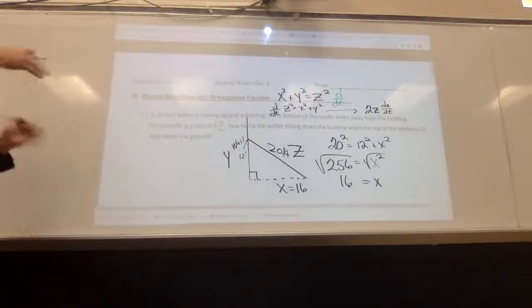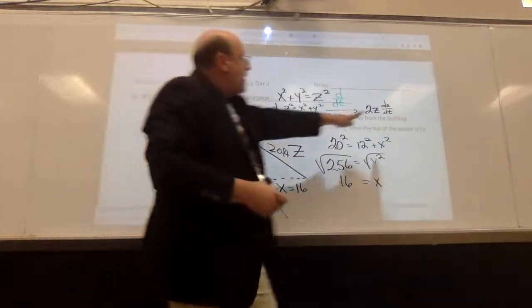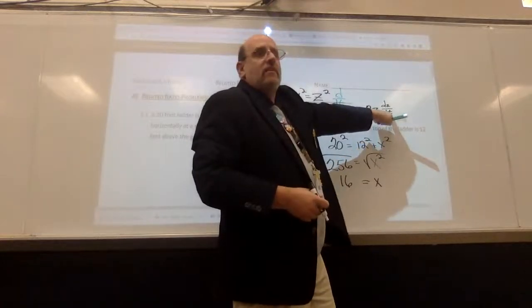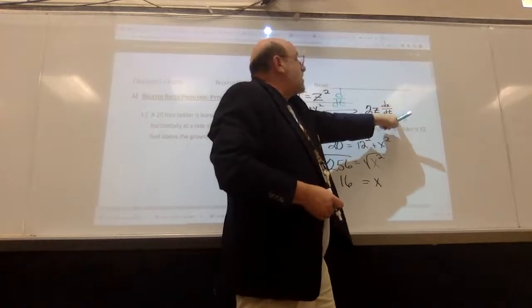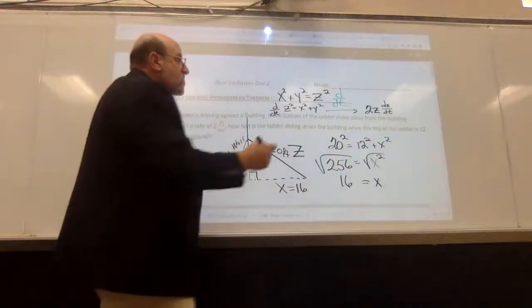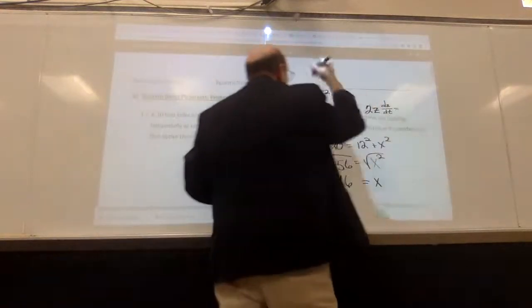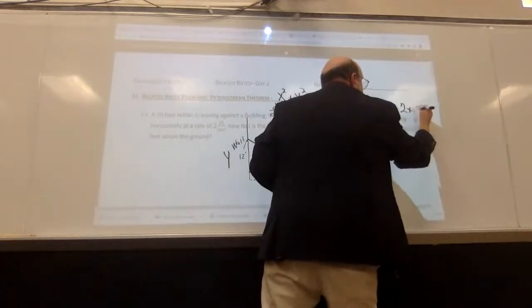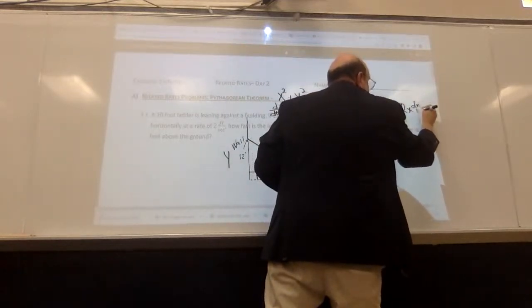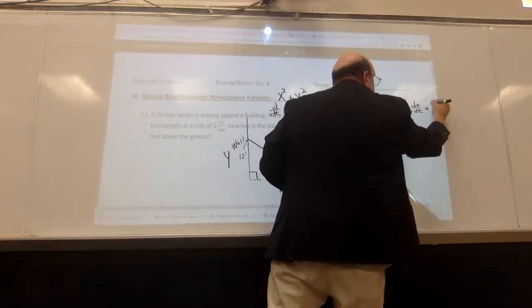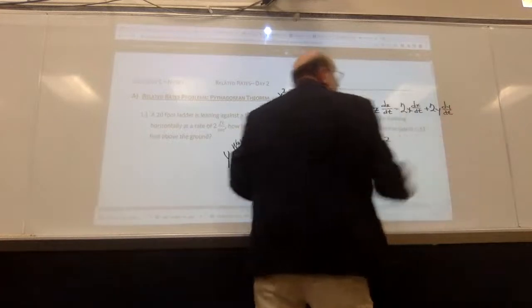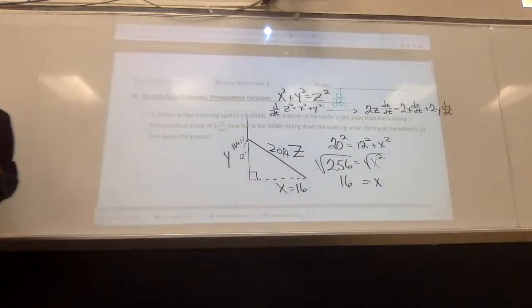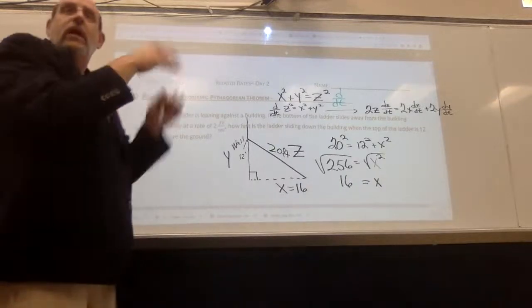So every time I differentiate a different variable that doesn't have a t, I need to put that variable differentiated in terms of time. It's going to be equal, and then the same thing with the other one, which is going to be 2x dx/dt and 2y dy/dt. So I've differentiated every variable in terms of time.